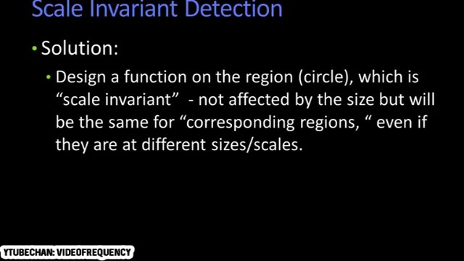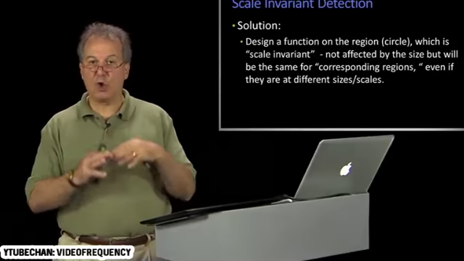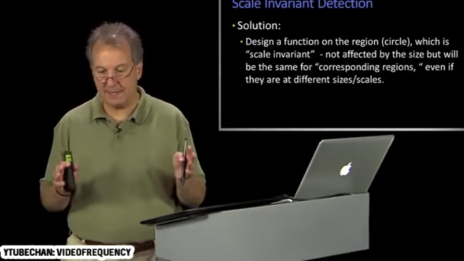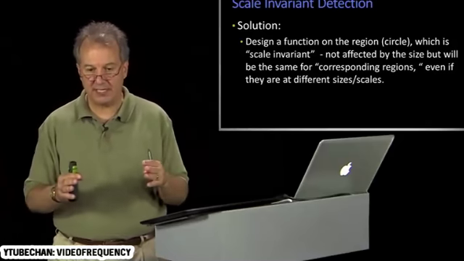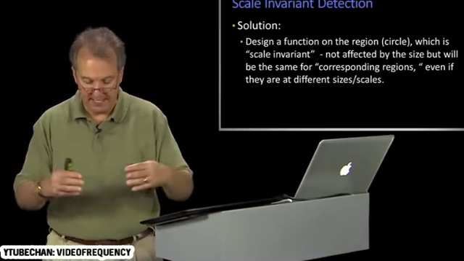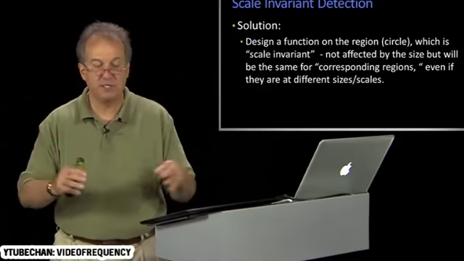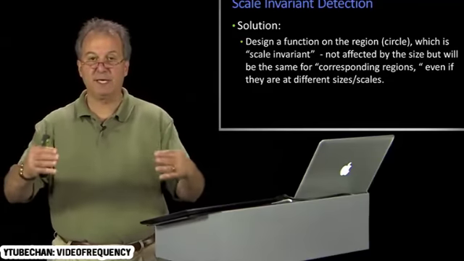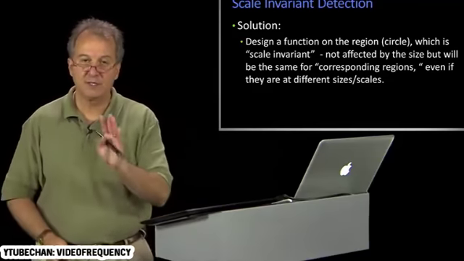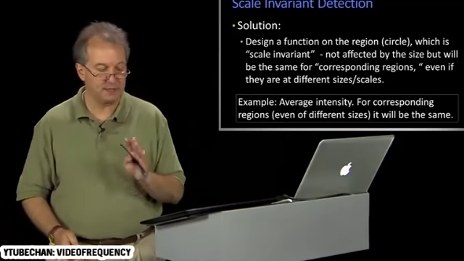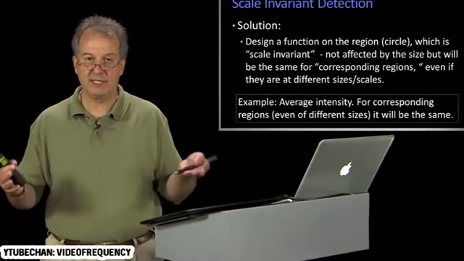So how might we do that? Well, here's a solution, and graphically it'll be a little bit easier to see. We're going to design some function over that circle, and this is a little bit tricky. We're going to call it scale invariant, and what we mean by that is the function doesn't actually care how big the circle is. It just cares about, say, the distribution of the values of the pixels within that circle. A simple example, not one that we're going to use, but it's simplest to understand, is imagine average intensity.